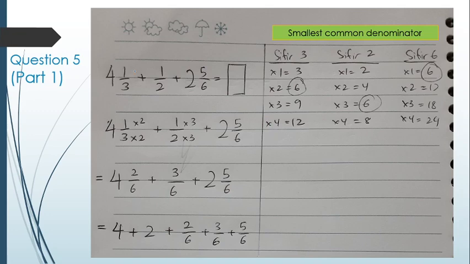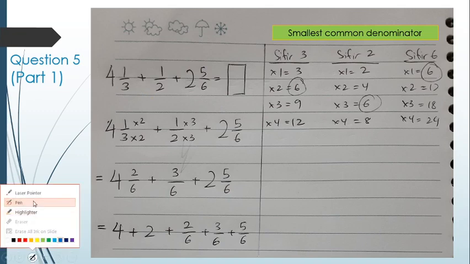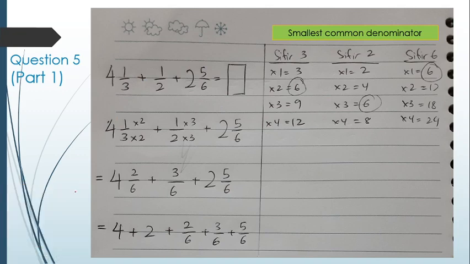Alright, here we have mixed number plus proper fraction plus mixed number. Okay, so the first thing that you should look at is the denominator. Look, the denominator, is it the same? No, it's not the same, so you have to change it so the denominator will be the same.